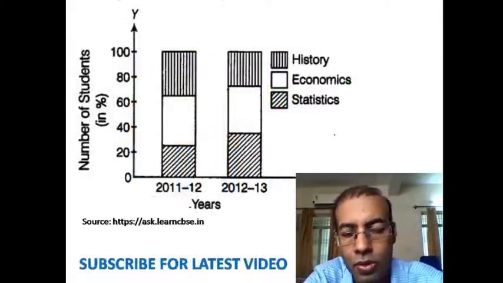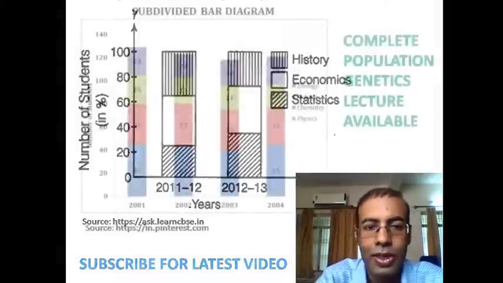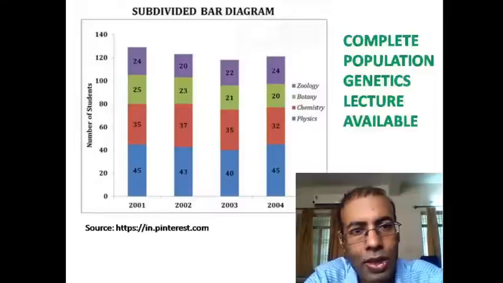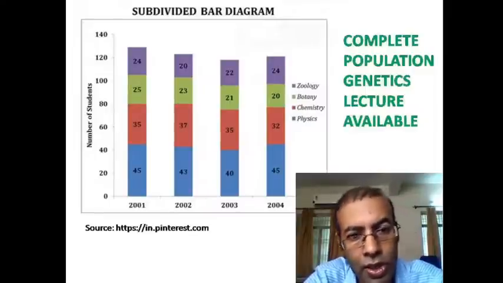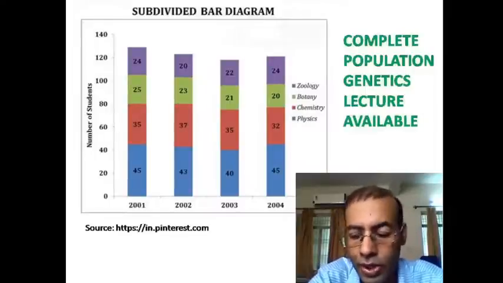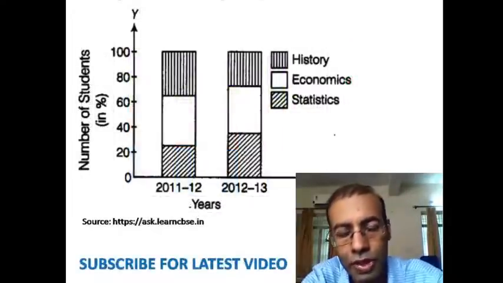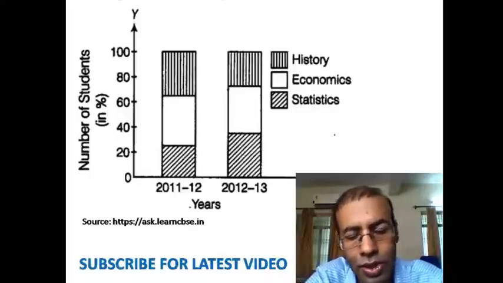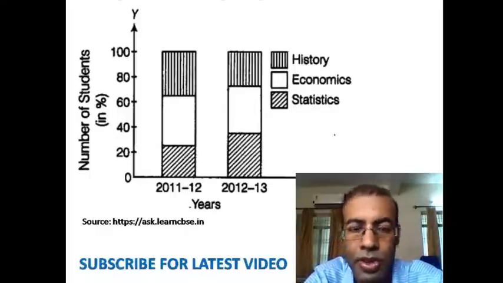So this is one another way to represent. In the earlier diagram we showed different colors for different components. Here for different components we are using different patterns or different shades.